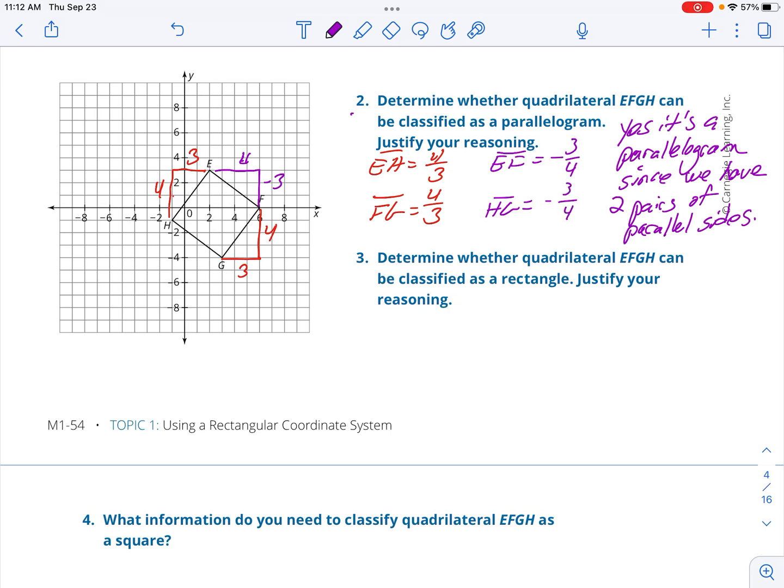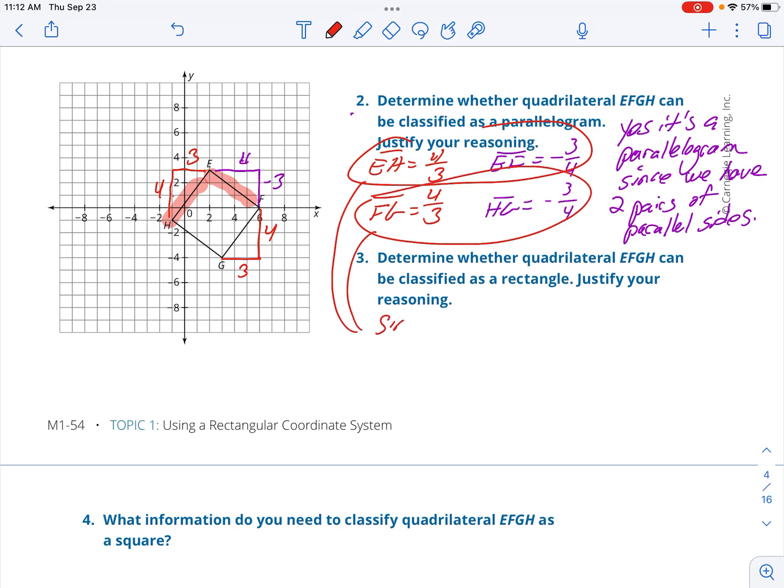My bad on that. Because now when I do question 3, when I compare those adjacent slopes, that EH slope that we got of 4/3 to the EF slope that we got of -3/4, we do have negative reciprocals. And that's true for both of them.